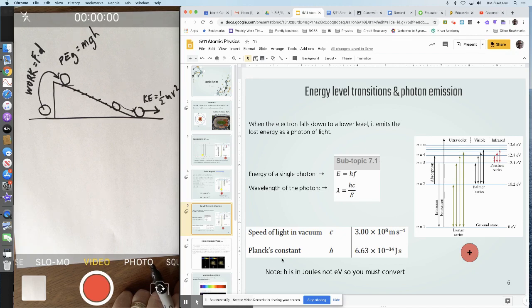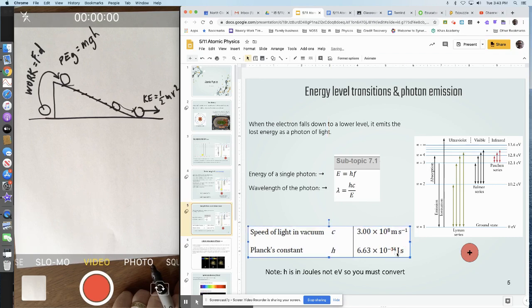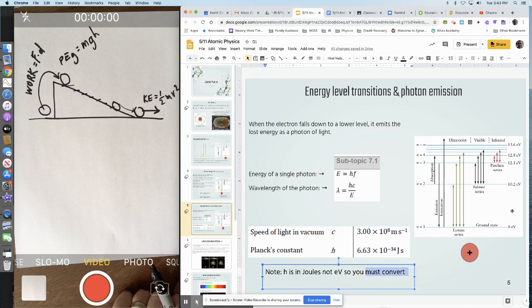However, h, Planck's constant, which is used in both equations, is in joules right here. So any energy transitions you get from this diagram, you need to convert from electron volts into joules, and then use that energy here. Then you can plug in Planck's constant and divide over to get the frequency.